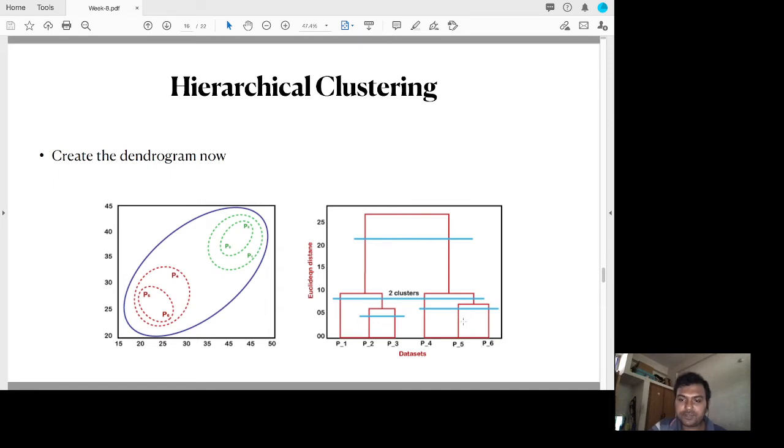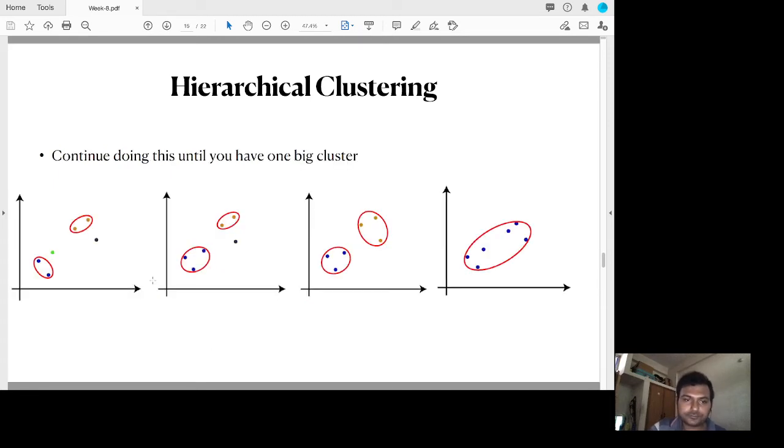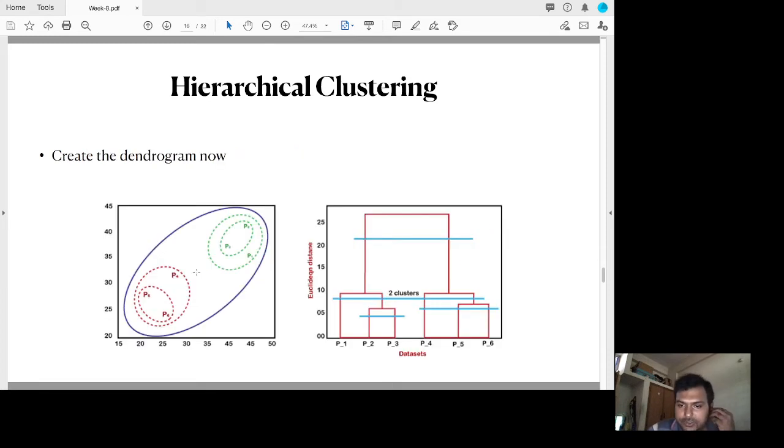After P5 and P6 are clustered, then this particular point is clustered. I don't find the difference between these two bars, but there should be some difference anyway.